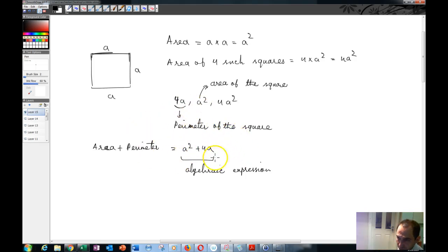So these are called algebraic expressions, and in almost all cases in mathematics you have to write an algebraic expression related to that situation, and then use it in some way.